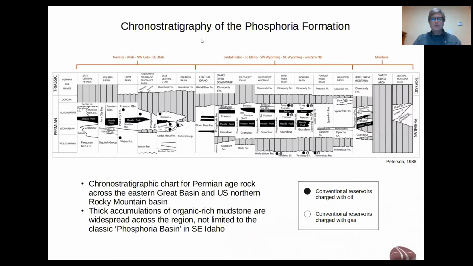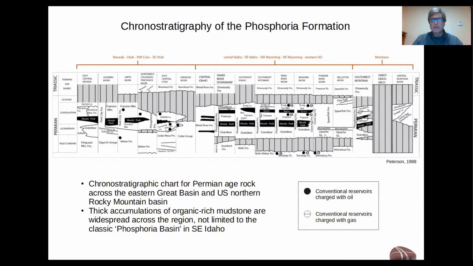You might remember this chronostratigraphic chart from week 1. This is looking at the entirety of the Phosphoria Basin from the southern portion through the middle to the northern part, and we're looking here at not only reservoirs within the Ten-Sleep and the Phosphoria that are charged with oil and gas, but we're also looking at the overall stratigraphic complexity of this formation.